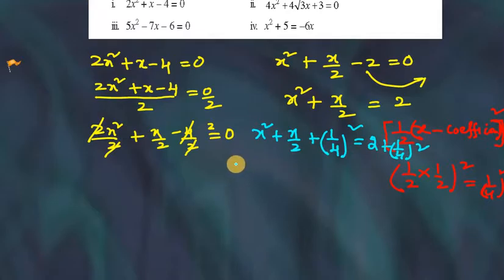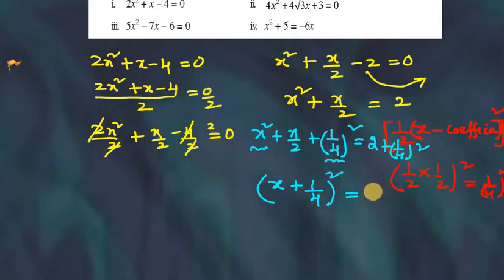Now if you observe carefully, this is a square and this is b square, and this is 2ab: 2 into first term into second term. So this can be written as a plus b whole square.